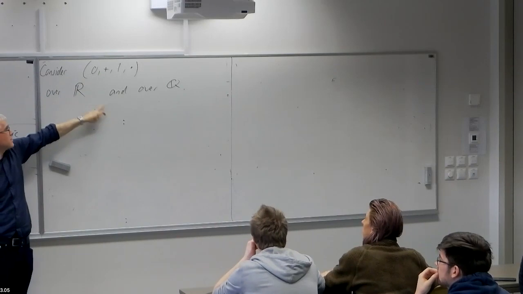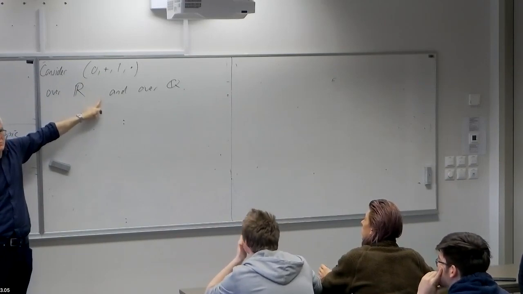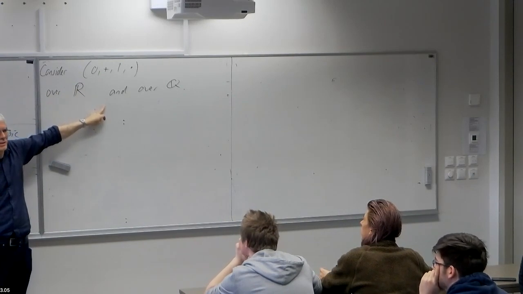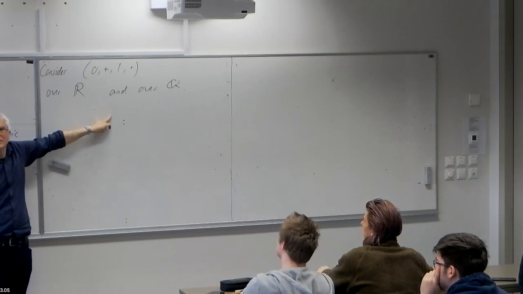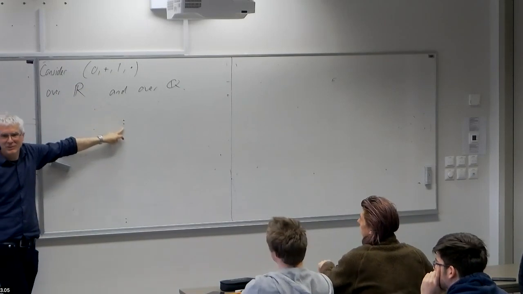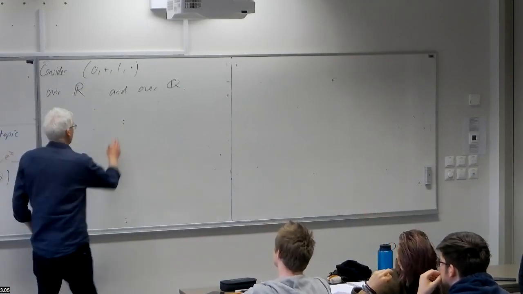Can we find a sentence that's true in one of the real numbers or the rational numbers and not true in the other? Any idea? Can anyone see it straight away? Right, very good. Yeah, so the existence of a number whose square is 2.